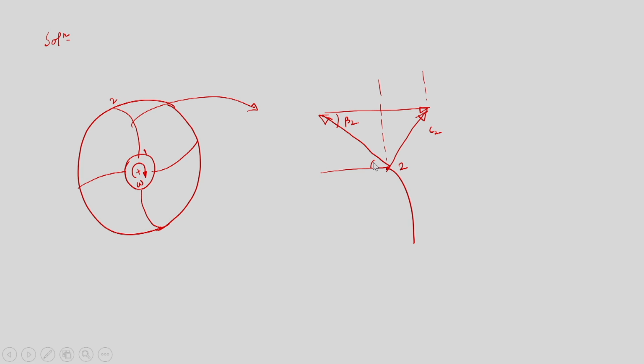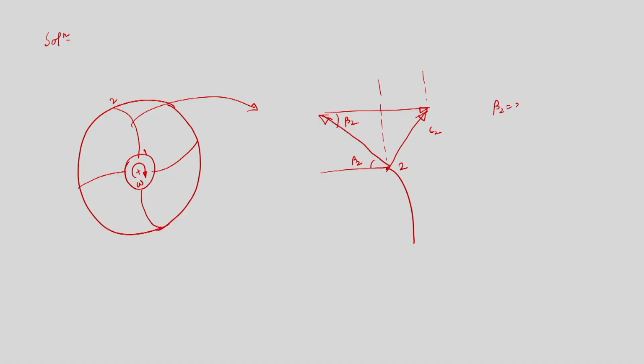It is given that backward curved vanes make an angle 30 degree with the axial direction. So, this is beta 2, and this beta 2 is 30 degree, given. Pump runs at 2880 rpm, that is also given. D2 exit diameter is given as 20 centimeter and width B2 is 1.5 centimeter.